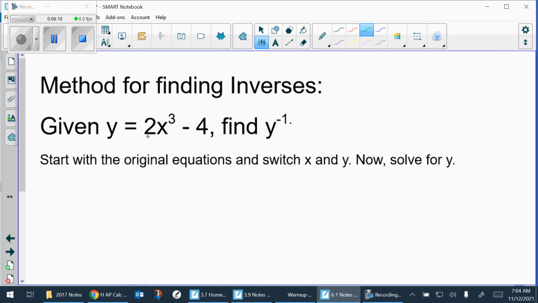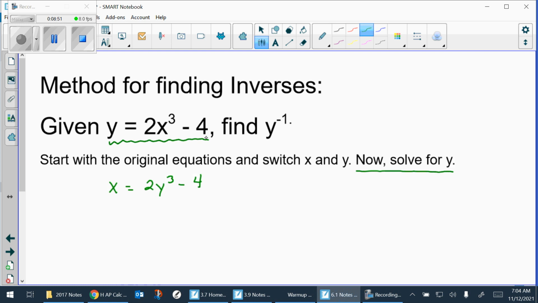Instead of saying y equals 2x cubed minus 4, I'm going to say x equals 2y cubed minus 4. The x and the y switch roles. And now my job is to solve for y. And when I do that, I'll have the inverse of my original relation, whether it be a function or not.